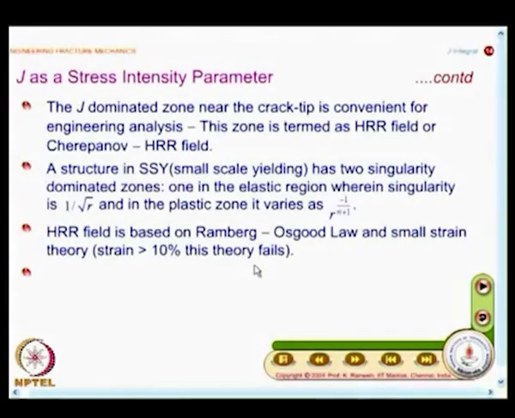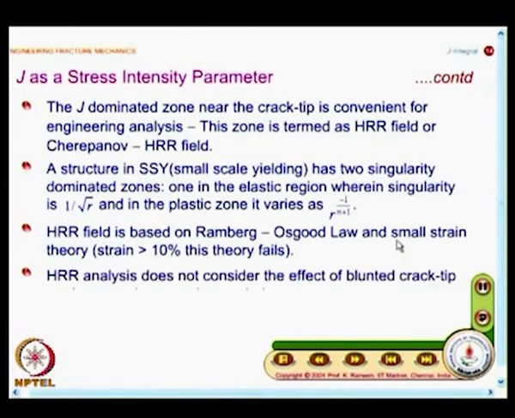So, 10% is still large; though we say it is a small strain theory, 10% is not a small value when you are looking at strain, but you have to know that this is limited. You are not talking about strains larger than 10%. It still accounts for a larger plastic zone, but is restricted to the small strain approximation.